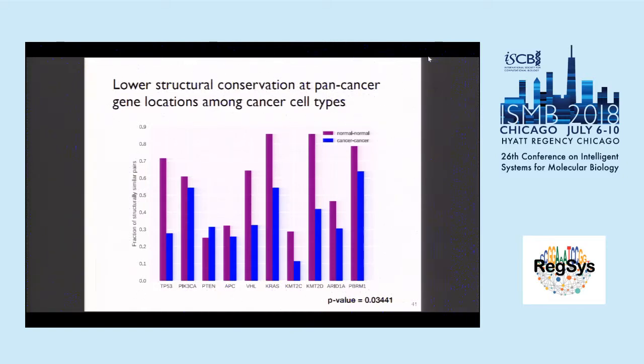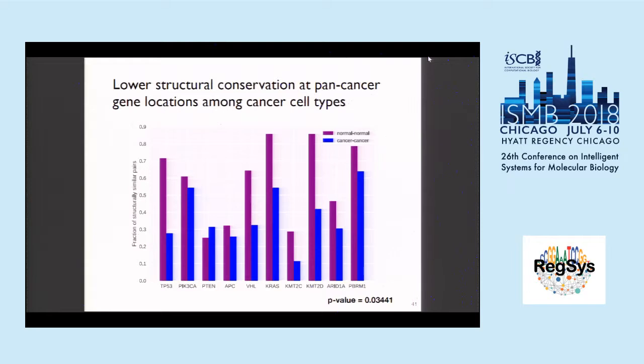These are the top 10 cancer genes that I'm sure we're all very familiar with, things like TP53. The purple bars here are the fraction of structural similarity among pairs of normal cells, and the blue bars represent the structural similarity among cancer cells. So 9 out of the 10 of these were much more structurally conserved among normal cells. This might point to the 3D disruption that happens with these cancer mutations.